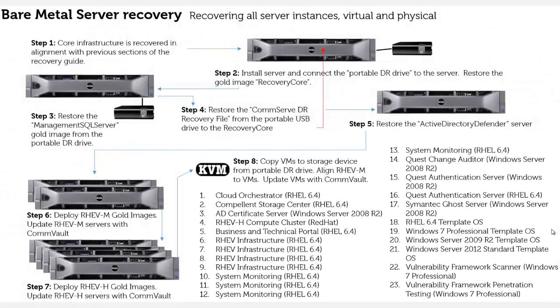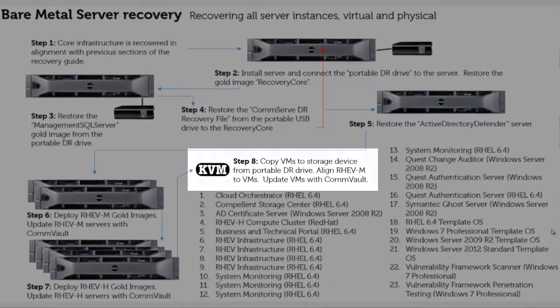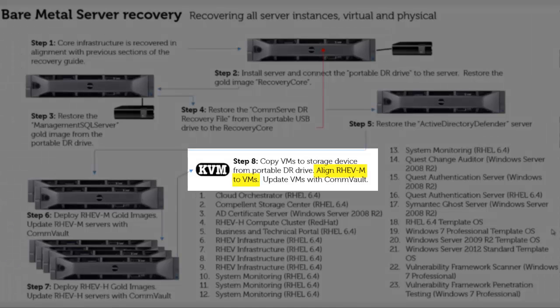Since we've got these servers now stood up, we've got RevM up, we've got RevH up, we've got CommVault and Active Directory in the environment. Now we need to take from that portable drive and copy all of the VMs into the storage environment. Then, as mentioned here in step 8, we need to align the RevM to those virtual machines.